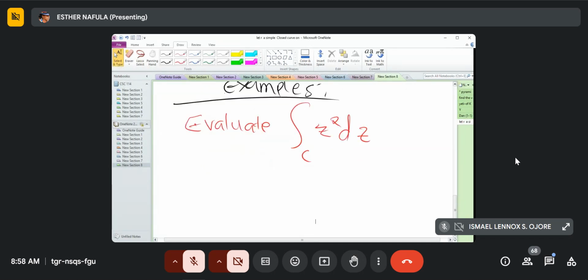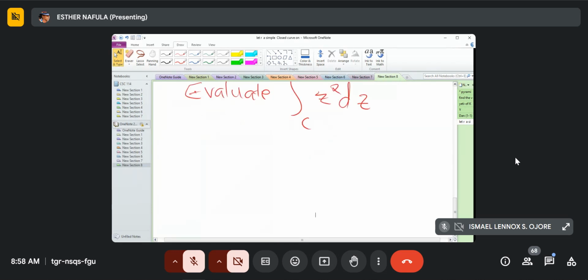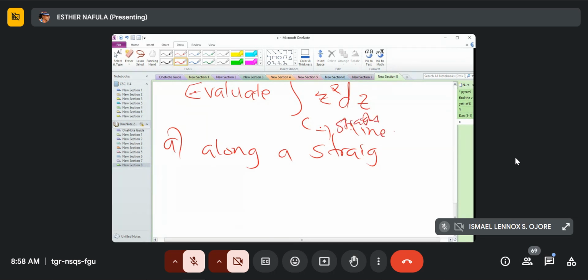Evaluate the contour integral for the function f of z is z squared, along... Actually, C stands for curves, and it can either be a straight line, a parabola, a triangle, a square, it could be anything.